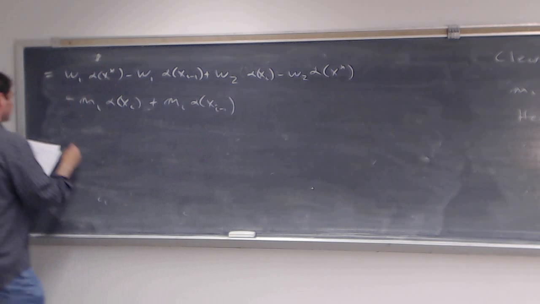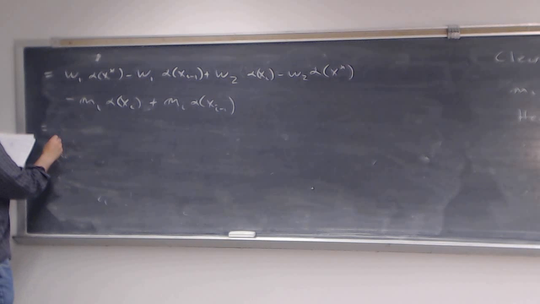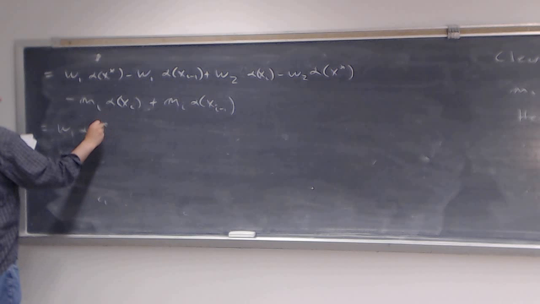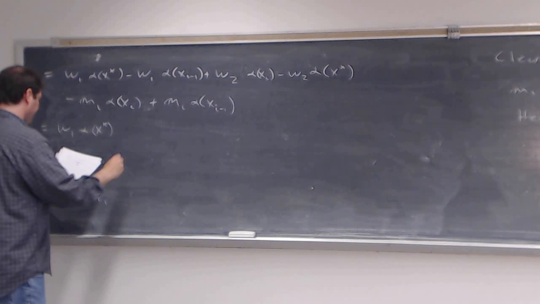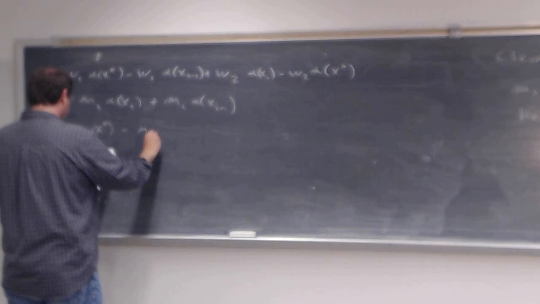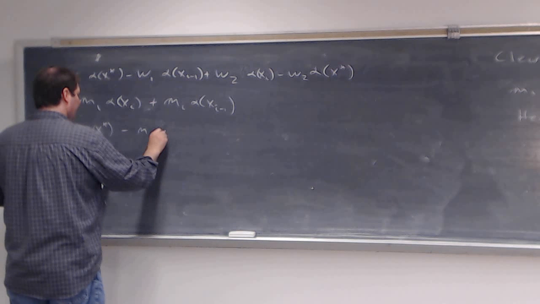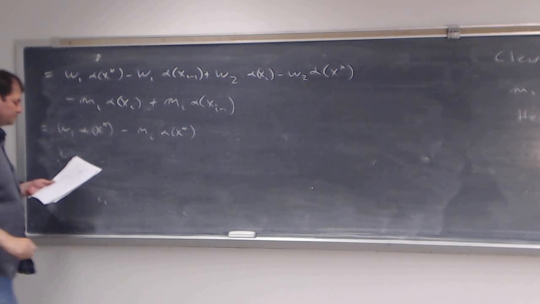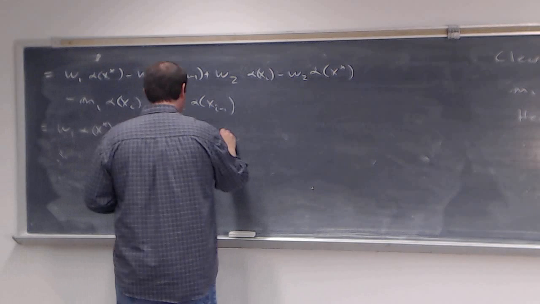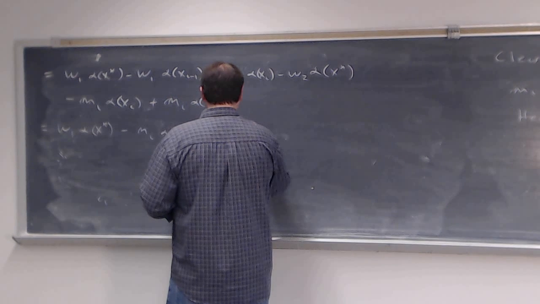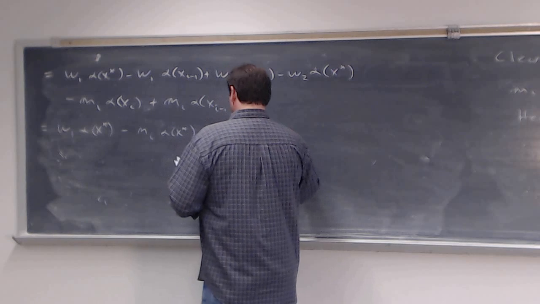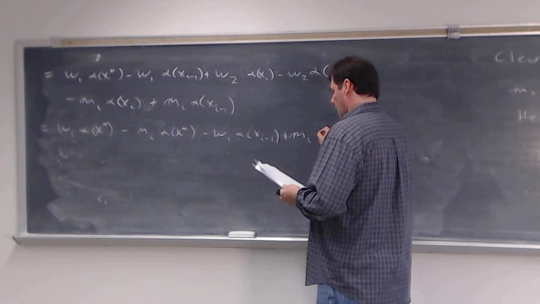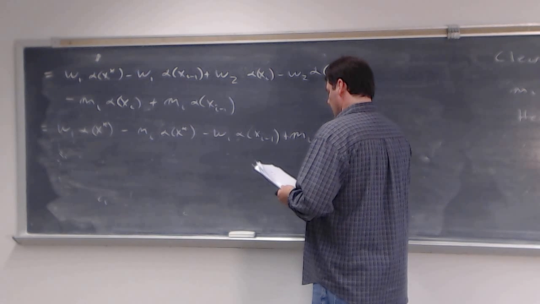Okay, I'm going to add and subtract the same things. I'm going to say this is w1 alpha of x star minus, rearranging them, m sub I times alpha x star minus w1 alpha of x sub I minus 1 plus m sub I times alpha x sub I minus 1.